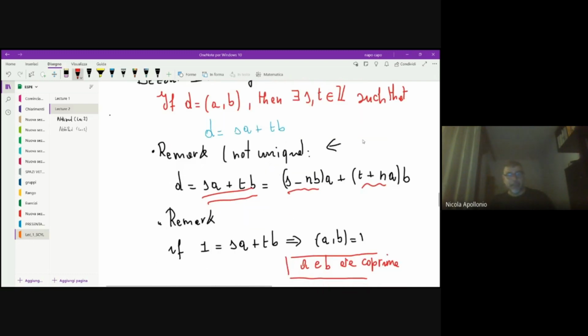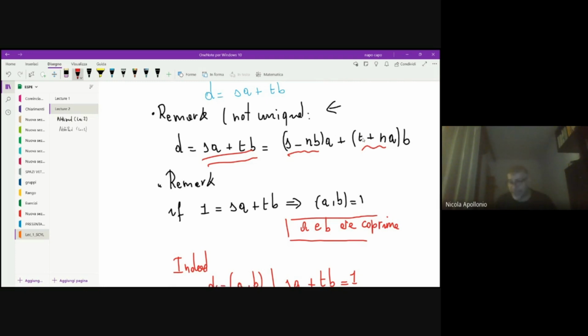Then when A and B are coprime, the Bezout identity gives us a way, as we will see, and you will implement this probably with Paolo Franciosa or Fabrizio D'Amore, to compute the inverse of an element in a residue ring, say modulo a field with prime module, or even in a ring when the module is not prime, but the element you are inverting is coprime with the module.